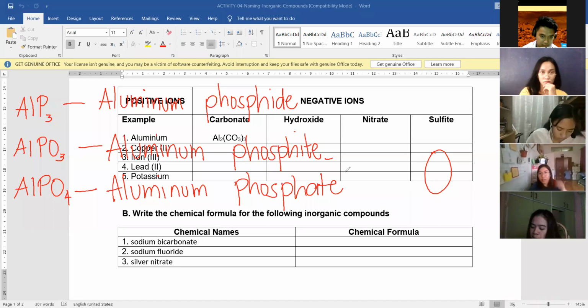Ite and ate, naa silay oxygen, pero ang kalahian nila mas gamay og oxygen ang ite, tapos mas daghan og oxygen ang ate. Tapos pag IDE ang ending, that is for the single element only. There is no oxygen. So kanang pag makabati mo nitrate, nitrite, bromate, bromite, arsenate, acetate, naa silay oxygen nga kauban. Okay? So walay question.